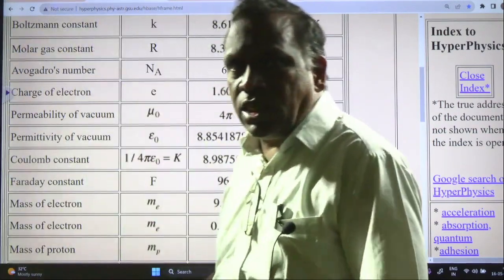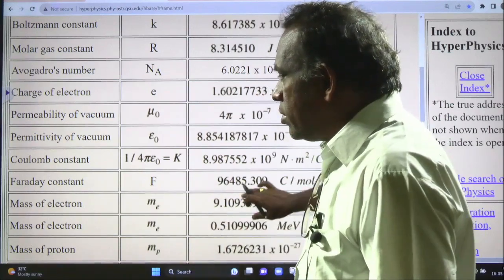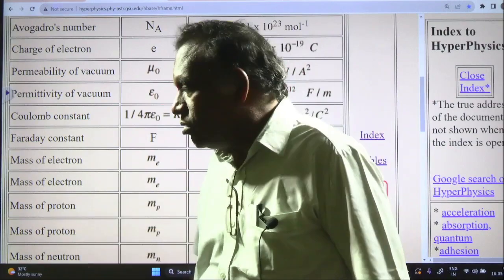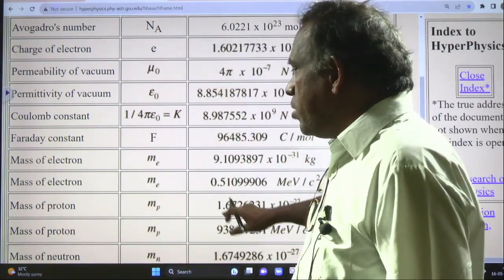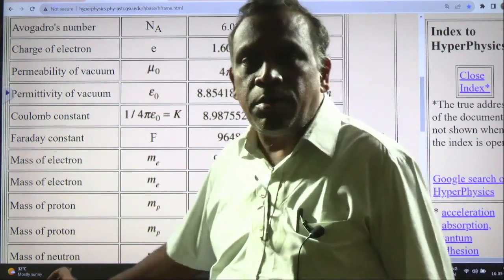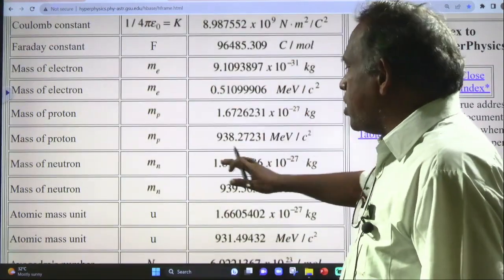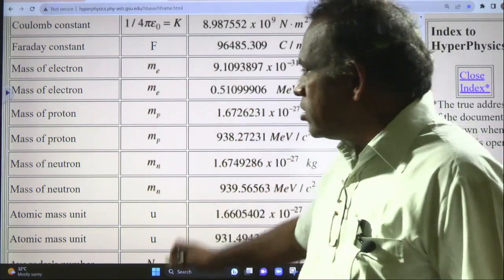You should have an idea of these constants in physics. Mass of electron is 9.1 into 10 power minus 31 kg. Mass of proton is 1.67 into 10 to the power of minus 27 kg. All are very, very important constants. Mass of neutron is approximately the same as mass of proton.